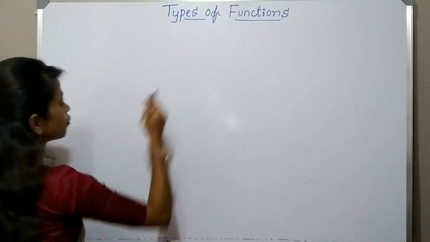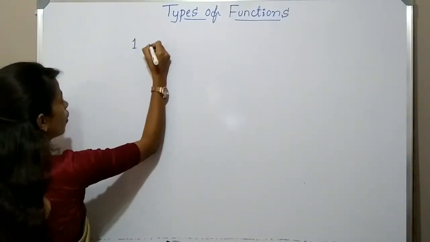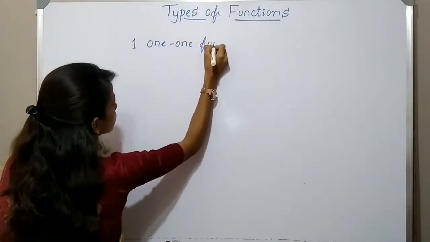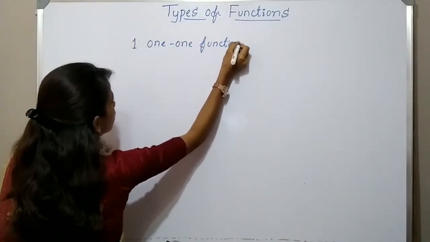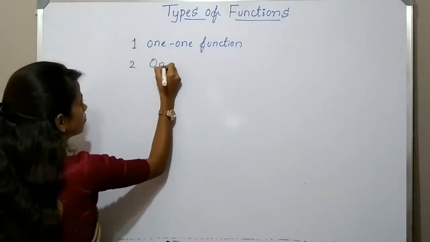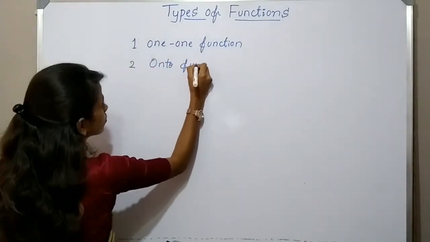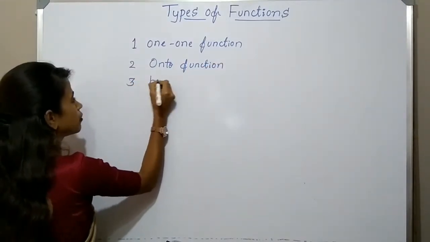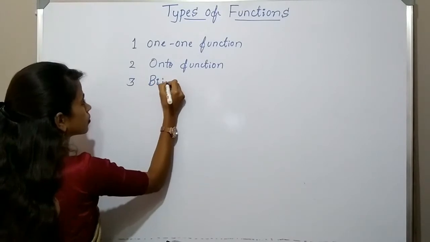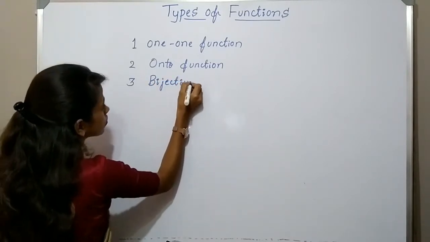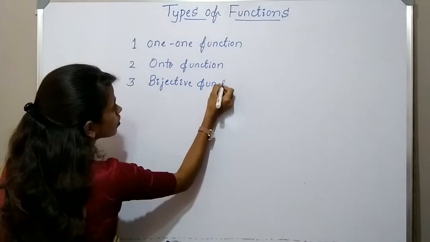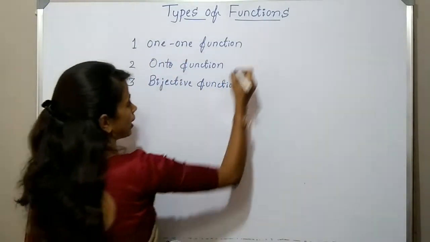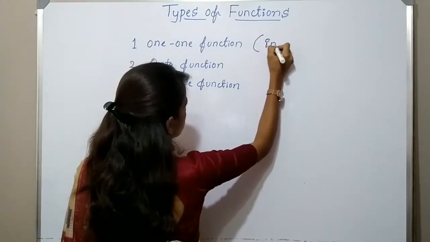So the main types of functions are: first, one-one function; second, onto function; third, bijective function. One-one function is also called an injective function.